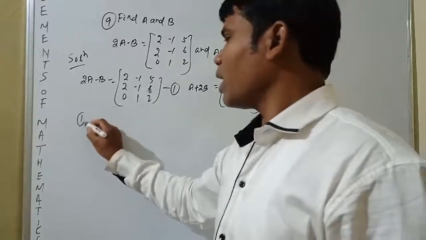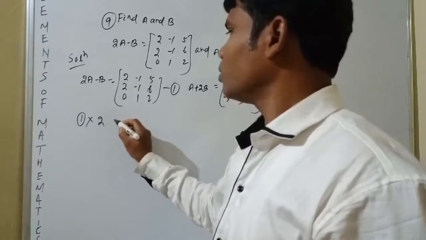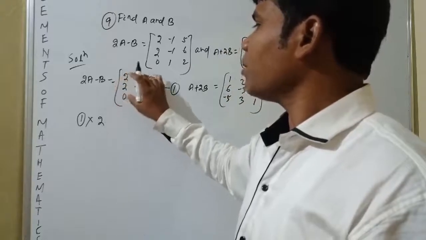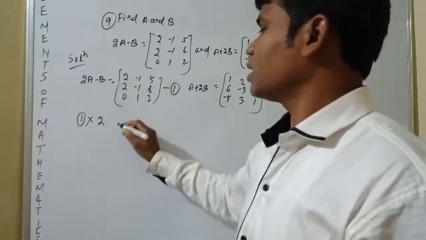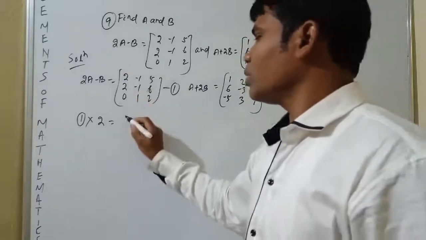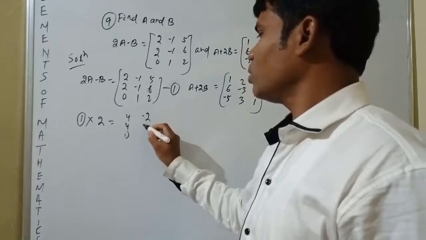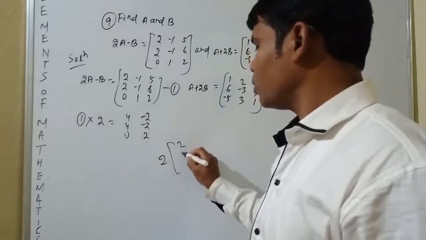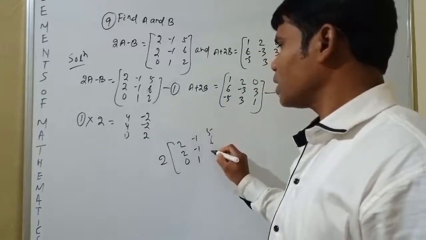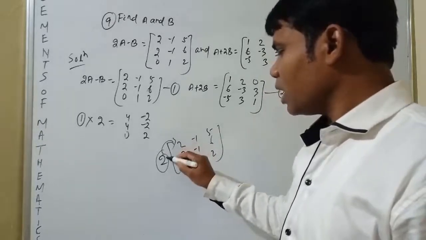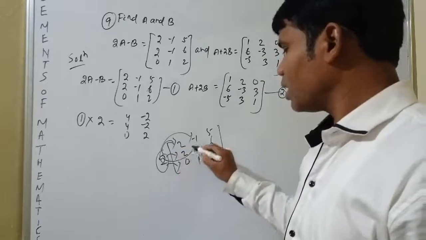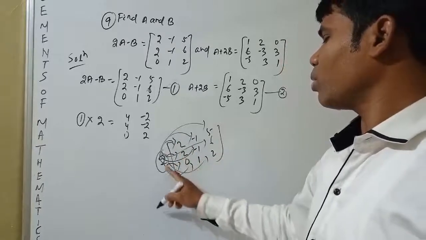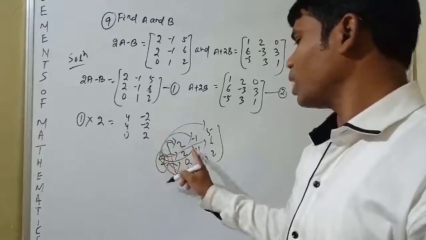Now you multiply equation 1 with 2. If you multiply equation 1 with 2, that means you have to multiply each and every element of this matrix. 2 into the matrix [2 2 0; -1 -1 1; 5 6 2]: 2 into 2 is 4, 2 into 2 is 4, 2 into 0 is 0, 2 into minus 1 is minus 2, 2 into minus 1 is minus 2, 2 into 1 is 2.